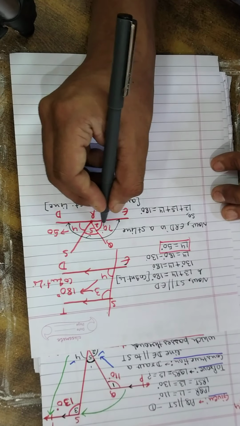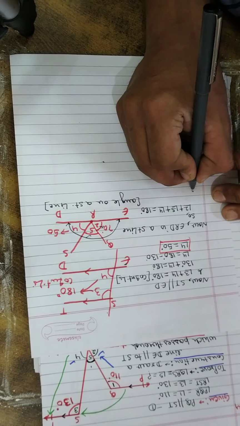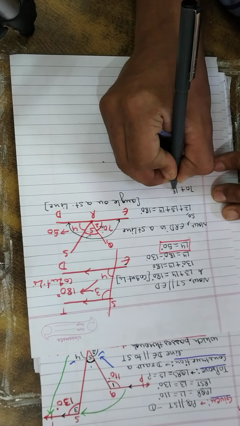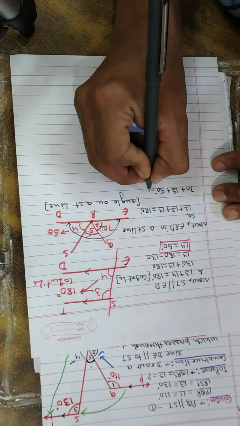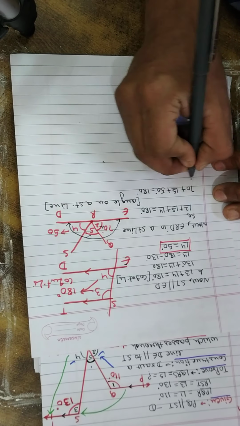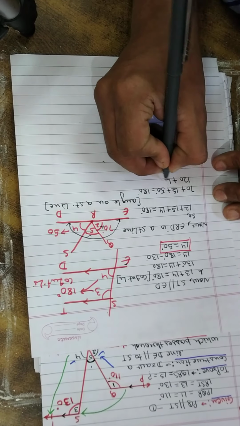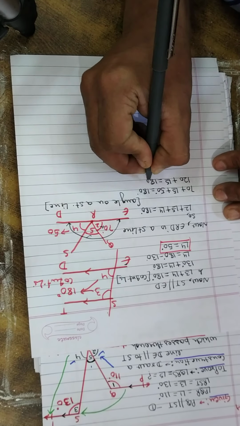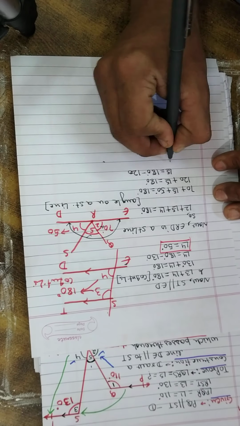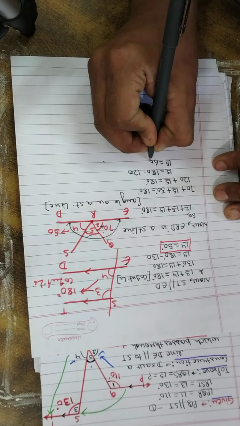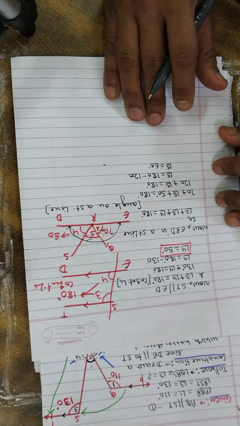Angle 2 is 70 degrees, angle 4 is 50 degrees, and we have to find angle 5. 50 and 70 is 120 degrees. Angle 5 is equal to 180 minus 120, so angle 5 equals 60 degrees.